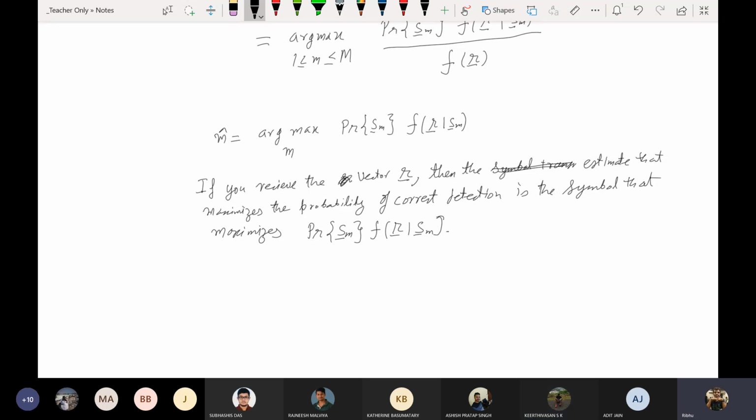Sir, can you state it slightly, to understand why exactly it depends on a single symbol?